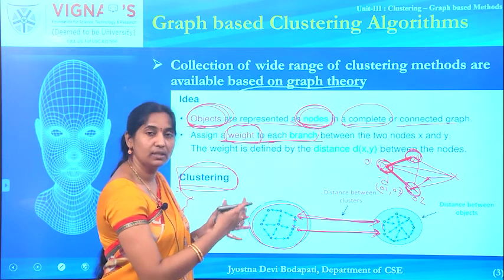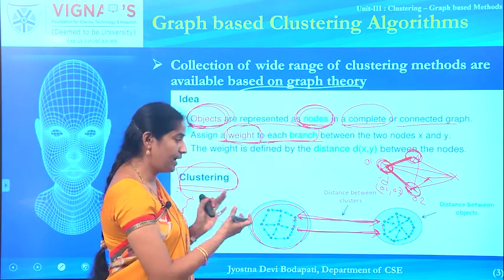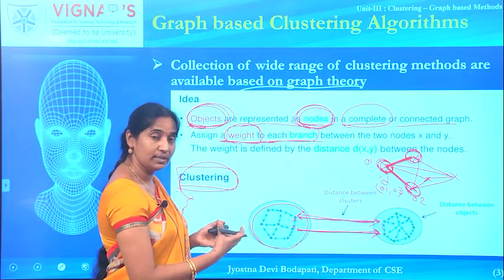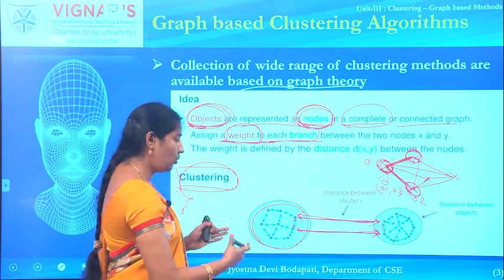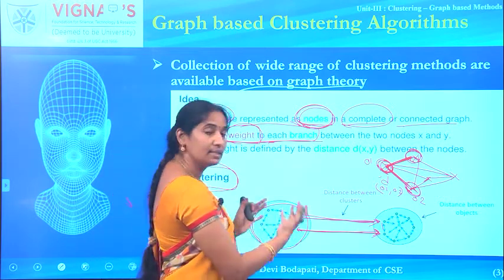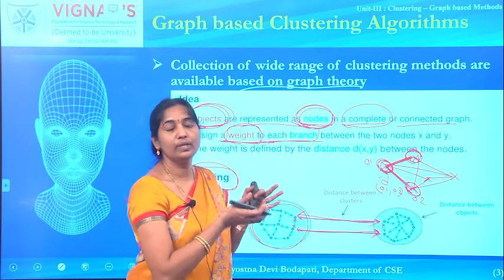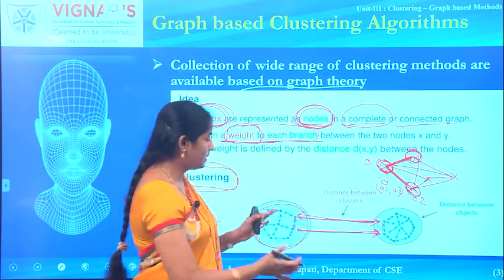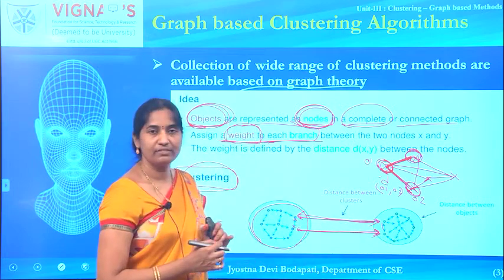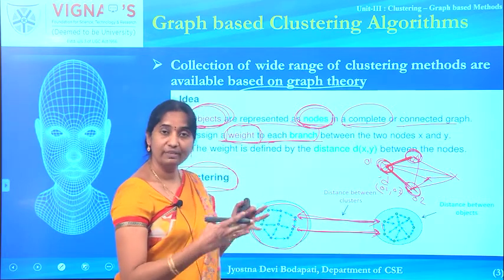So, when you compute the distance or the similarity measure as the edge weight, you need to consider that the nodes that fall in a single cluster should have a very small distance between them, and the nodes or objects that fall in different clusters should have a very large distance.